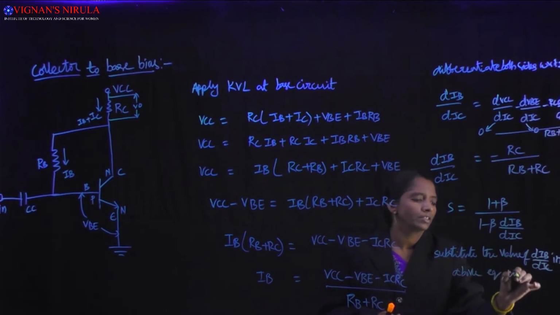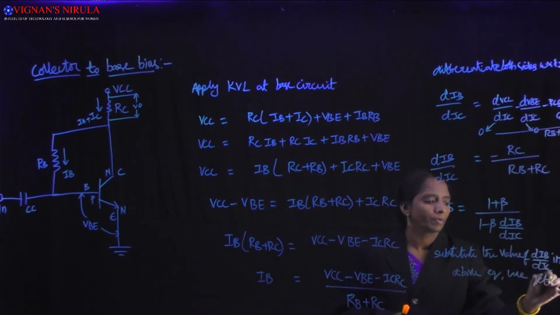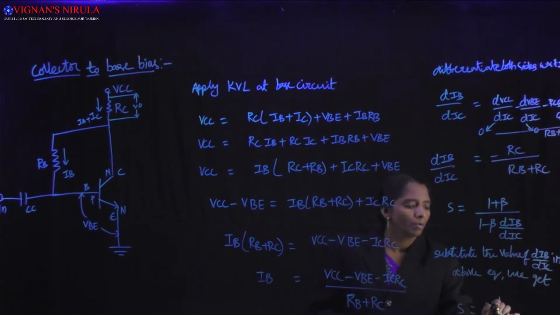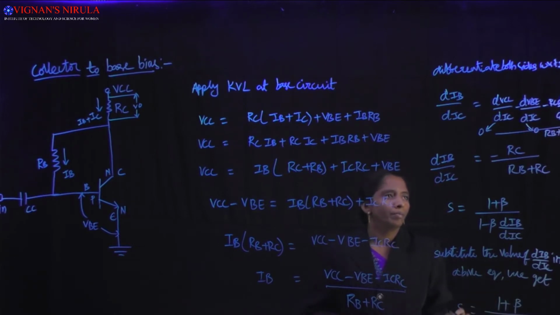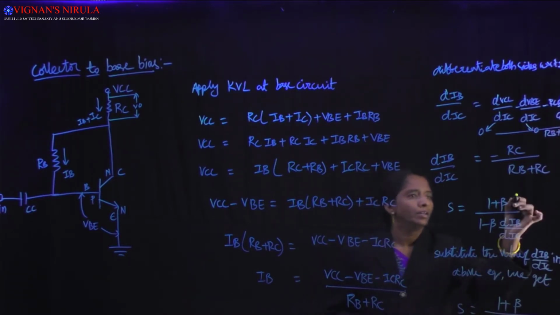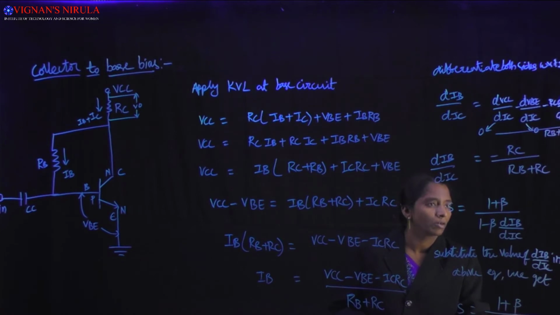We get S equal to 1 plus beta divided by, minus minus becomes plus, 1 plus beta into RC divided by RC plus RB.